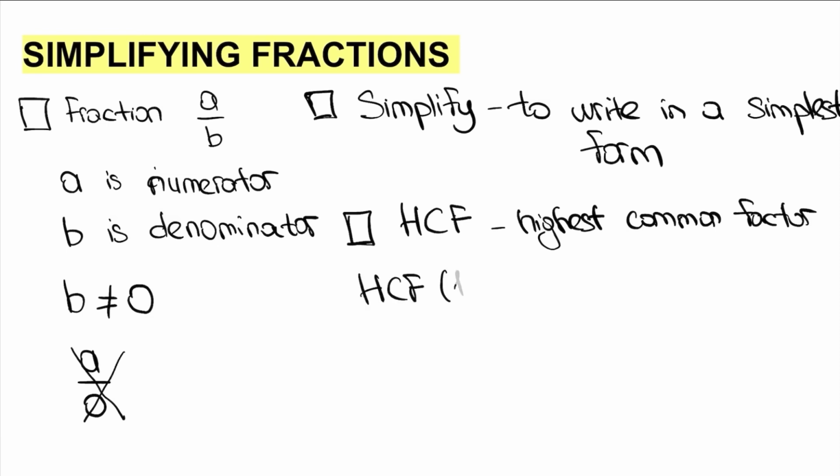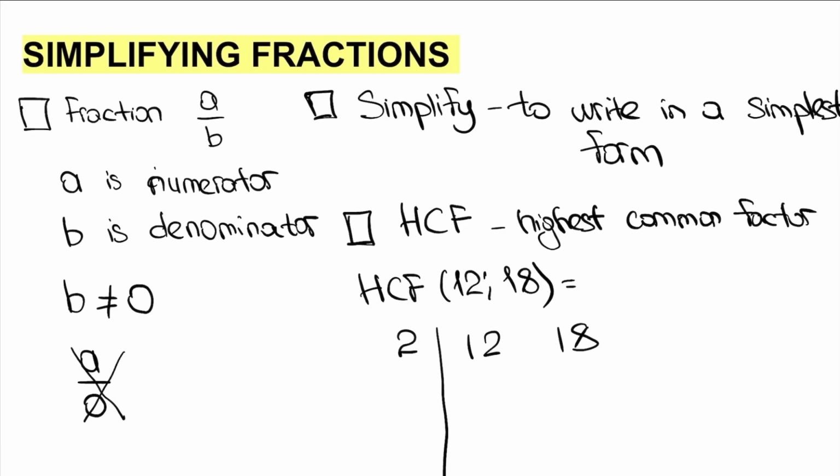Let's find HCF of 12 and 18. So we write numbers 12 and 18. Then we start to divide by the number which is divisible by both of them.